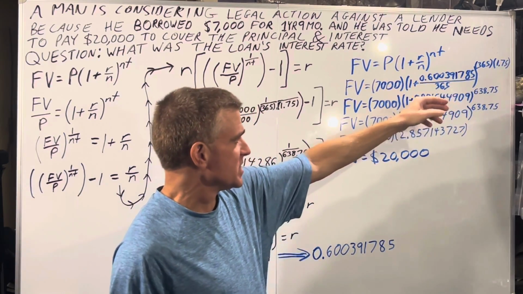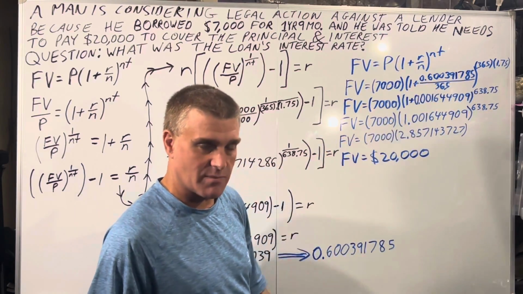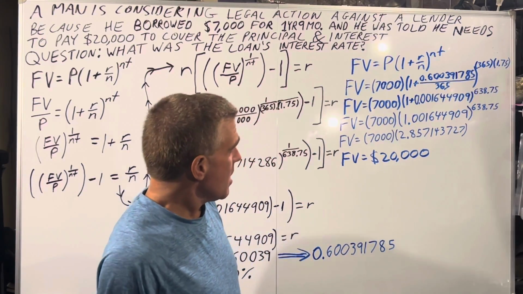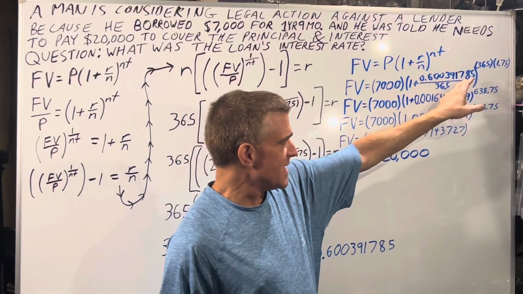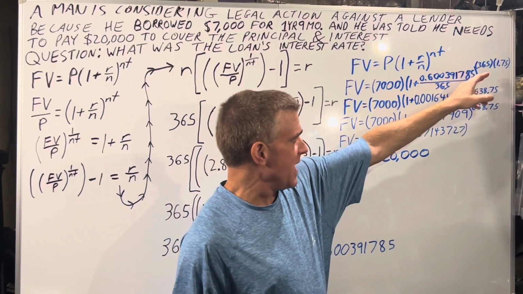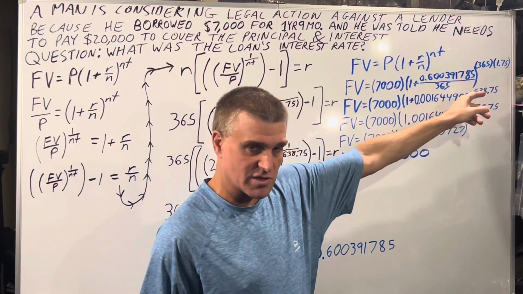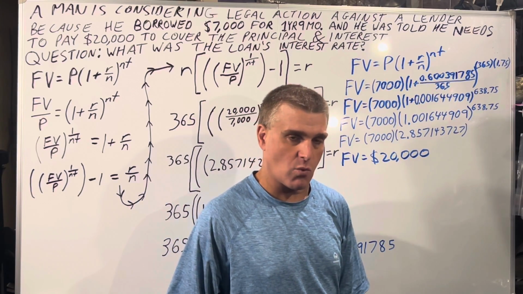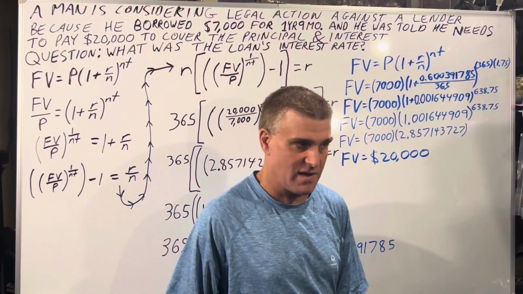and we're going to expand it out a number of digits just so we get a very accurate answer, divided by n, which is the number of times the interest is compounded per year, every day, 365, then close parentheses, then that is to the exponent of n again, 365 times t, which is the number of years that the loan is for. So remember, it was for 1 year and 9 months, so we're going to say it's 1.75.